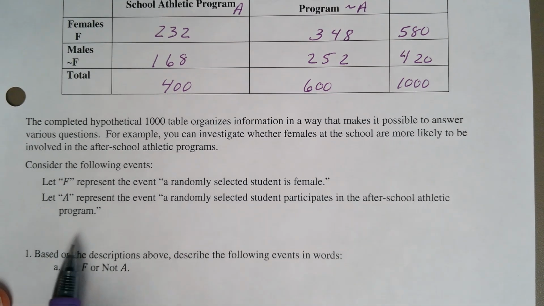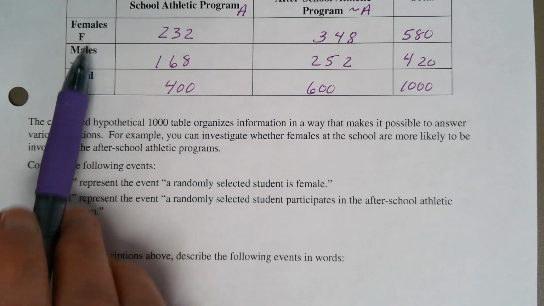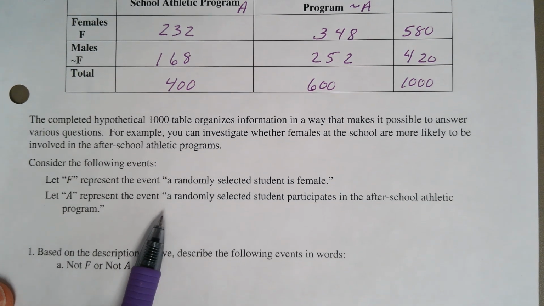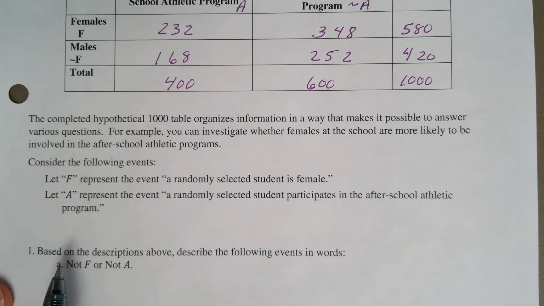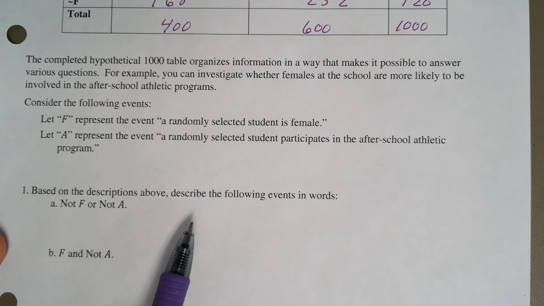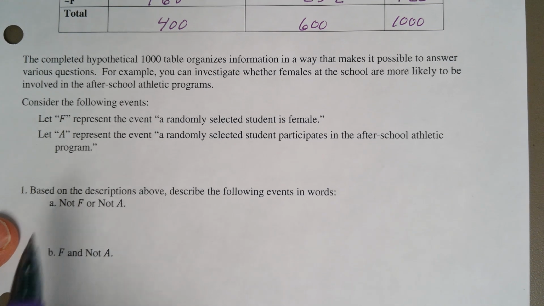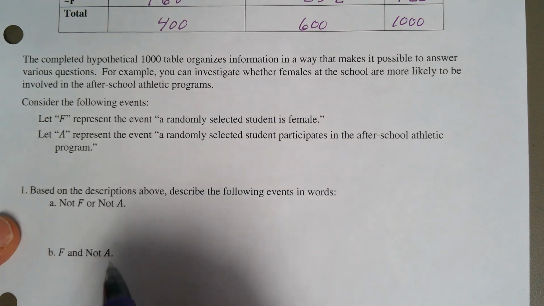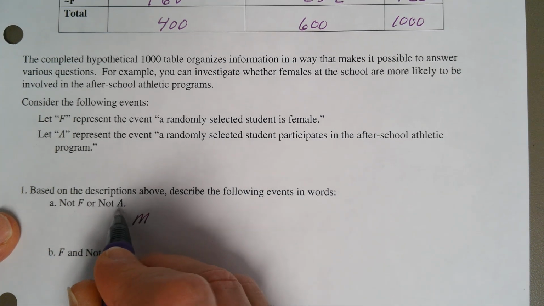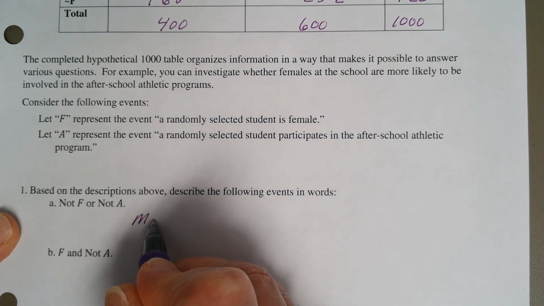Consider the following events. Let F represent the event a randomly selected student is female. A represents the event a randomly selected student participates in an after-school athletic program. Based on the descriptions above, describe the following events in words. Not F is going to be males. Not A is students that do not participate in after-school athletic programs.